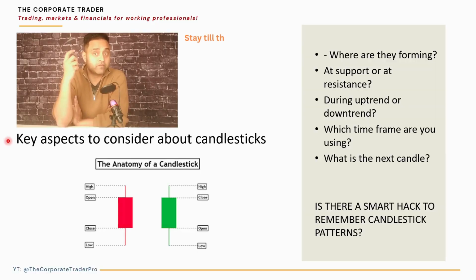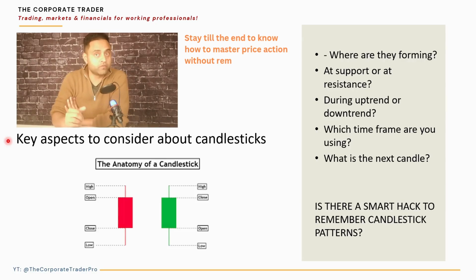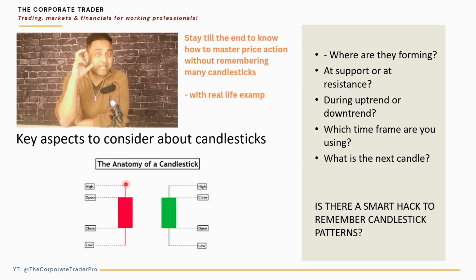Let's deep dive into the understanding of some very critical nuances about candlestick and how to read them. I hope all of you already know what a candlestick is. Just to reiterate, the high of a candlestick is the highest price point in that time frame, whether you are watching an hourly, minute or daily candlestick. There will be an open price, a close price and a lowest price point which the price has reached within that particular time frame.